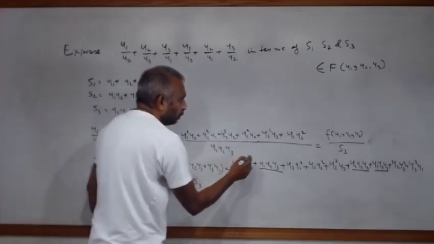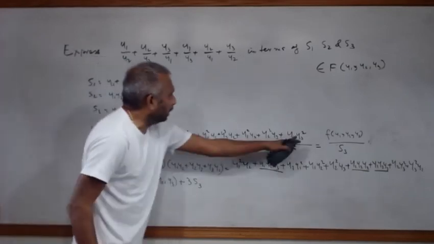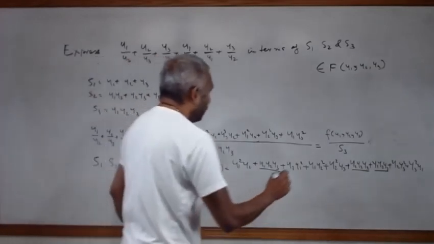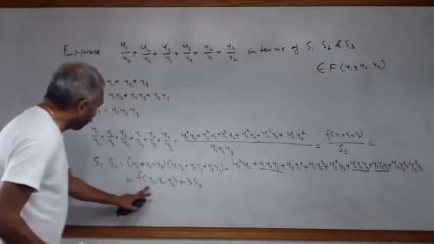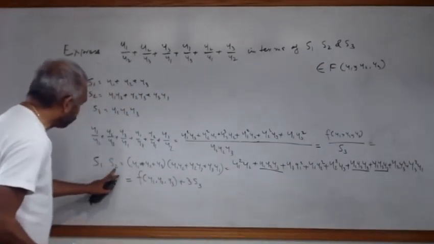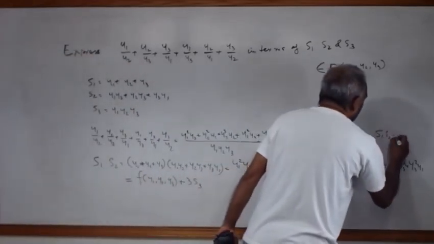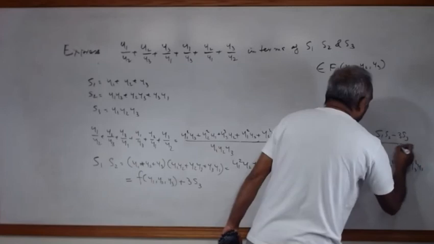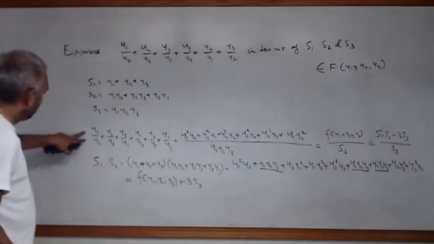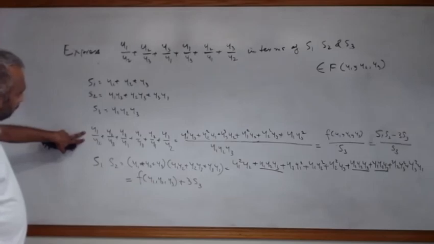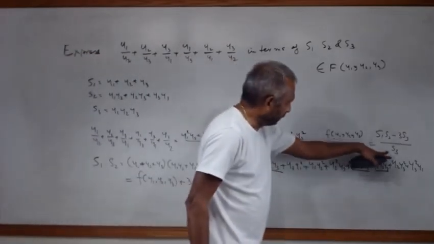All the others make up the numerator. So the numerator is S1 S2 minus 3 S3, so the expression is (S1 S2 minus 3 S3) by S3. So that is how we express this symmetric function in terms of elementary symmetric functions.